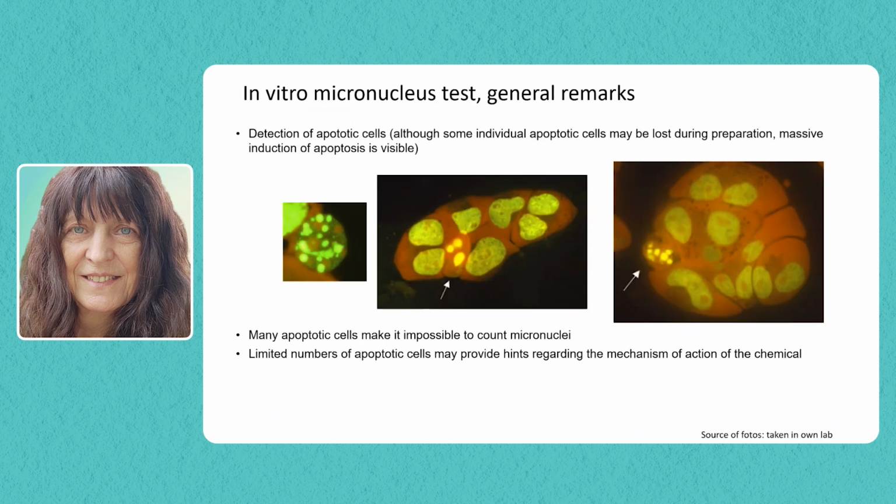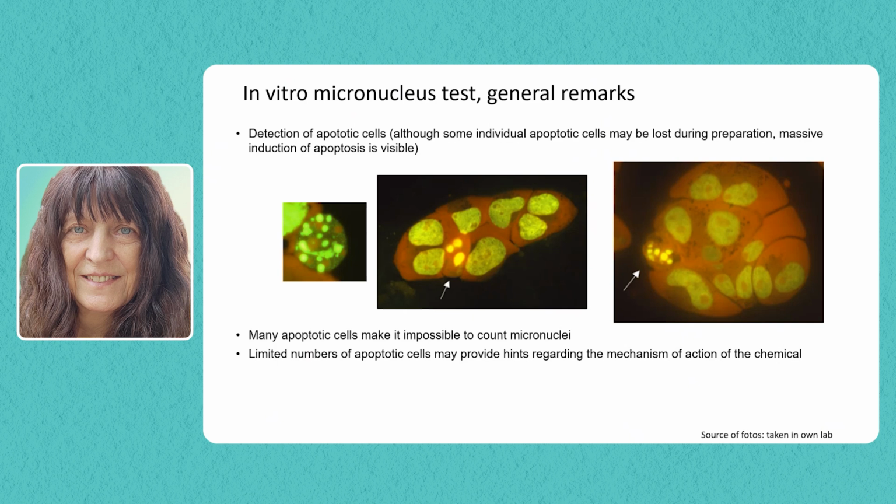So I said you can detect apoptosis, and this is what it looks like. So this is an apoptotic cell, here an apoptotic cell, here an apoptotic cell. If you have cells that grow adherent to the cell culture, you may lose some of the apoptotic cells because they detach, and you wash the cell culture before you prepare it for micronucleus evaluation. So you may lose the detached cells, but you still have some apoptotic cells in there usually.